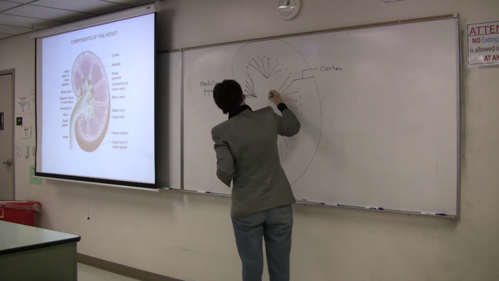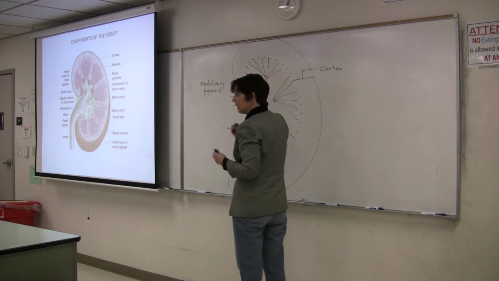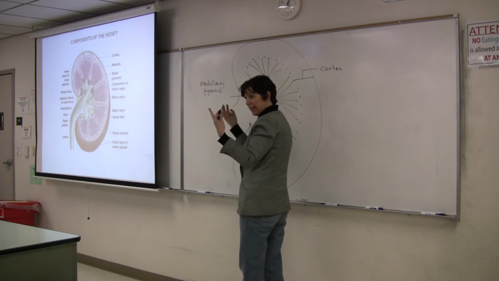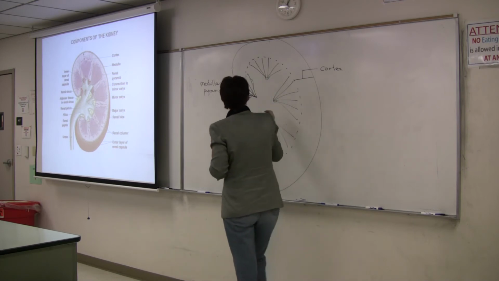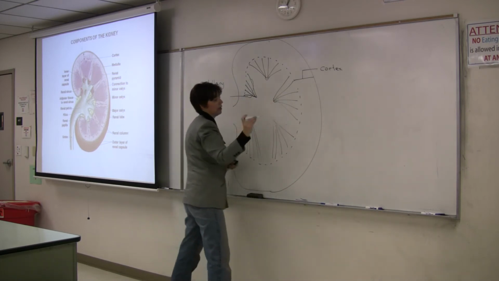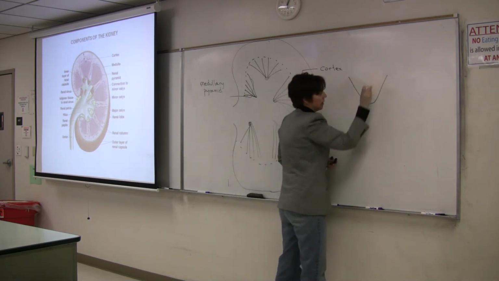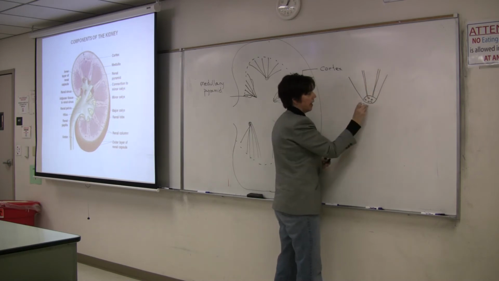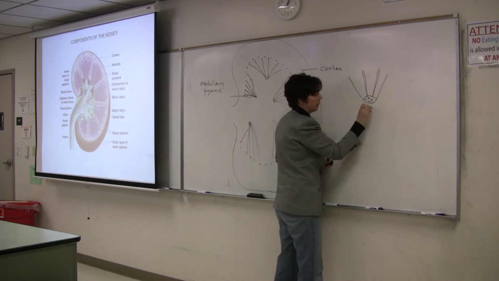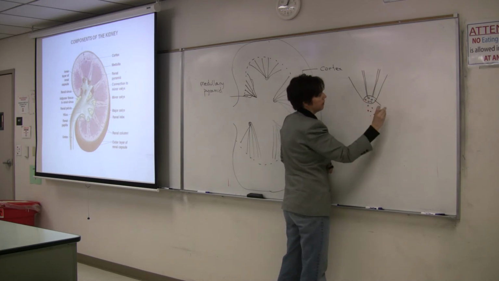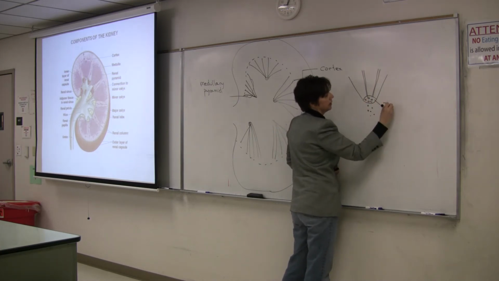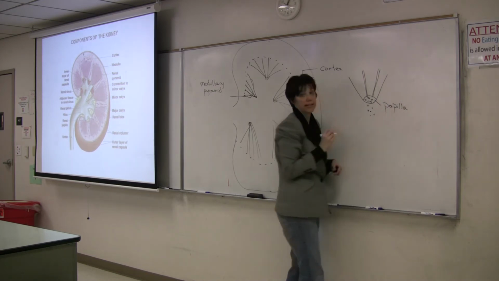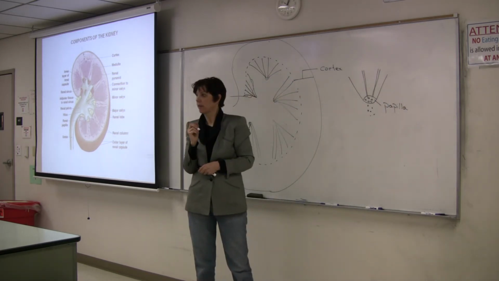The tips of each of these have openings from the tubes that are carrying the urine, the filtrate out, and so that tip, if we looked at it on end, would have openings from these tubes carrying the filtered blood product, and then that filtrate would drip out. But this tip of the pyramid is known as the papilla. Okay.